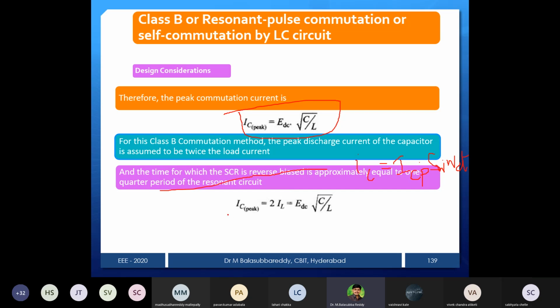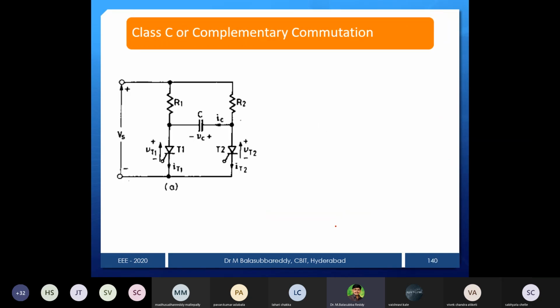So that's the formula: the peak capacitor current, equal to twice the load current, is equal to V DC into root C by L. Another one, the turn-off time is equal to a quarter wave, that is pi by 2 root of LC. That is your turn-off time parameter. You can easily calculate it once you know the L and C values; we can get the turn-off time of a device.